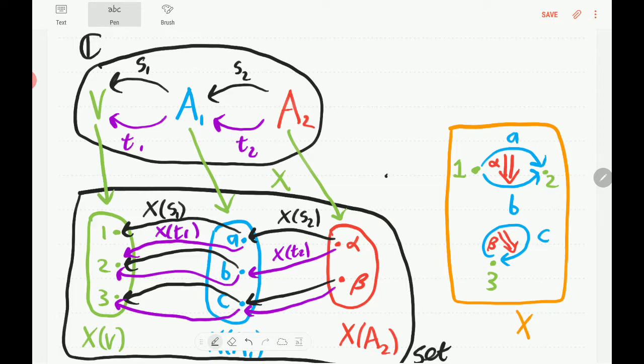But what's really interesting is how we can put more visual interpretations to this.